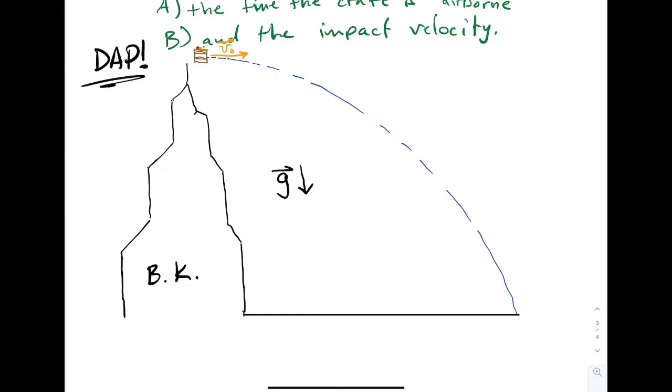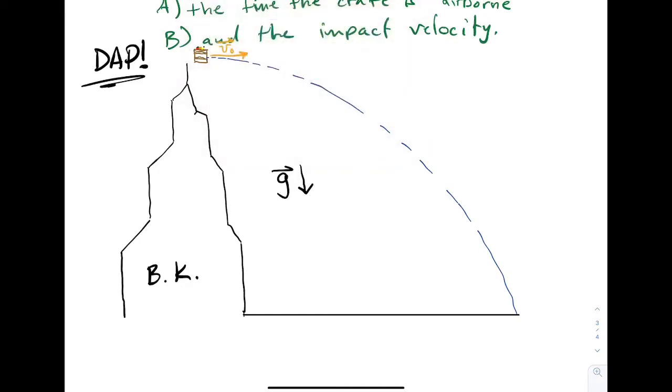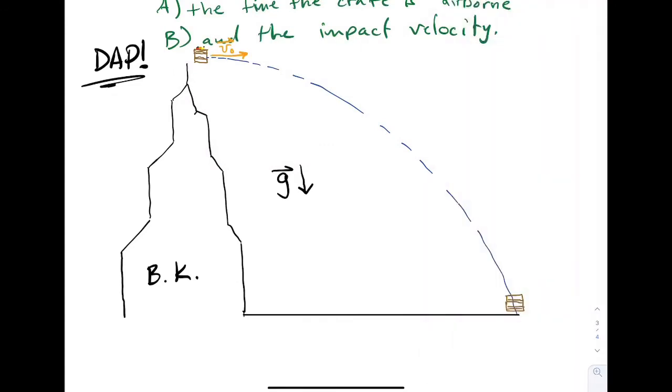We could also show that the crate's going to impact the ground down here. And I'm going to draw our crate just before it hits the ground. And then we can show that that's going to have some impact velocity, like so.